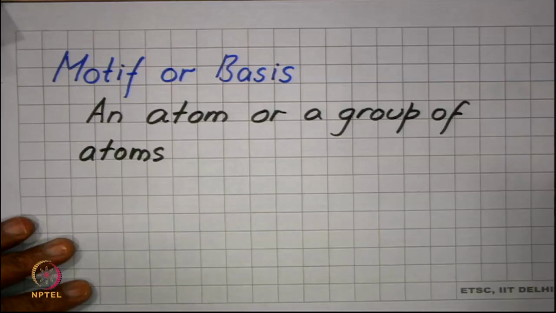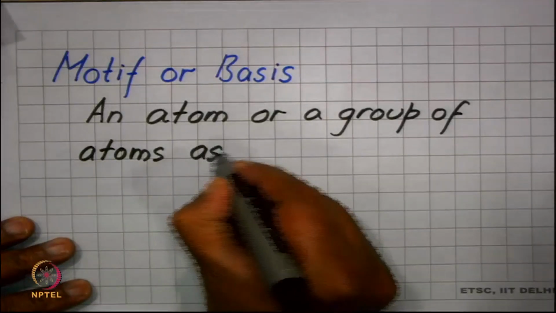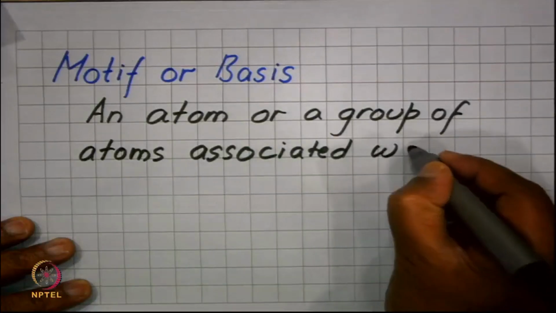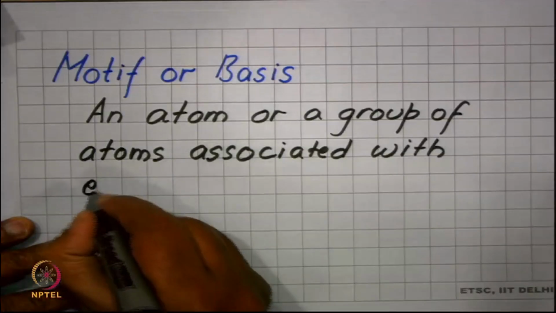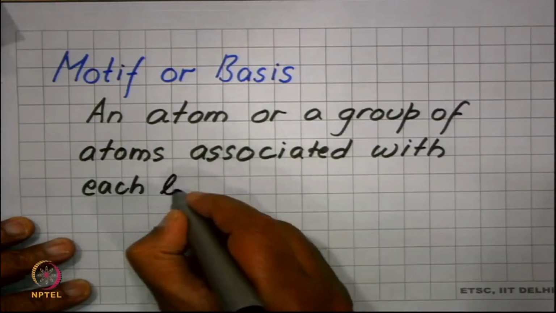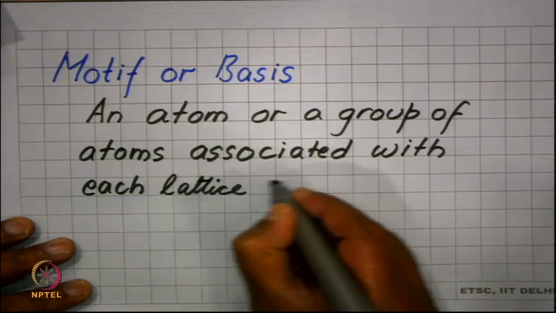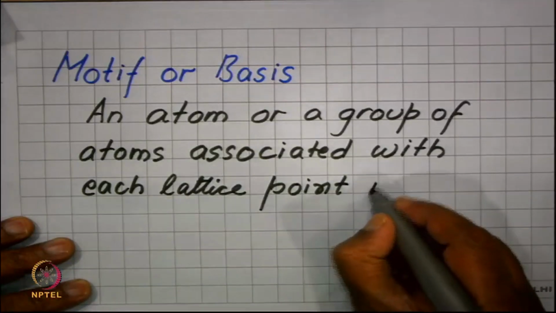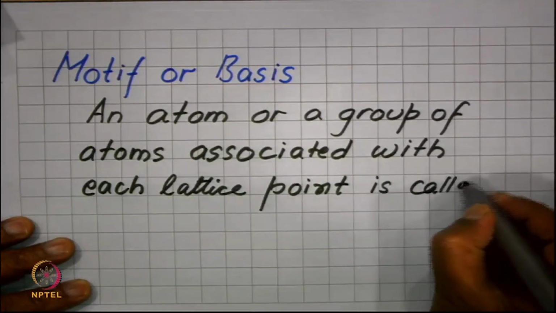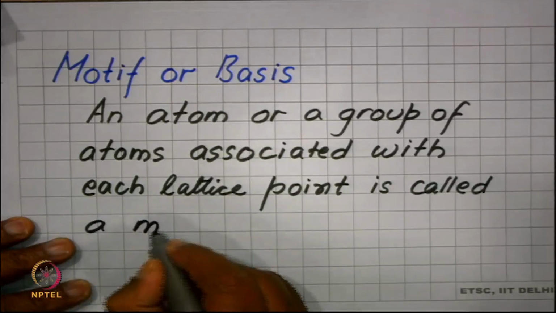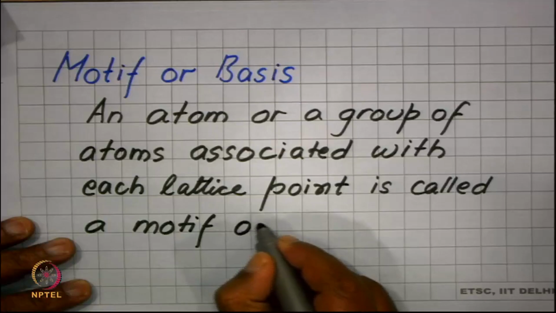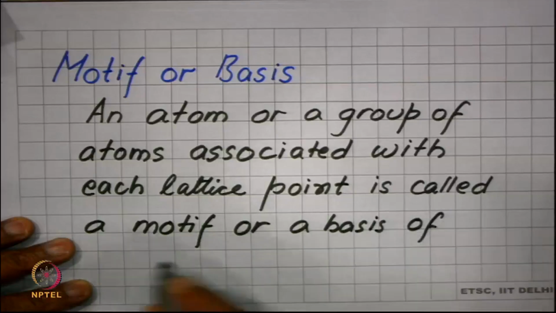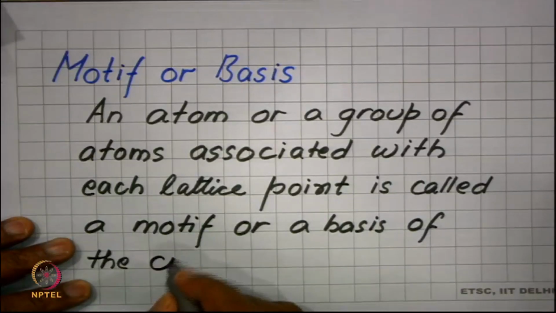So, an atom or a group of atoms associated with each lattice point is called a motif or a basis of the crystal.